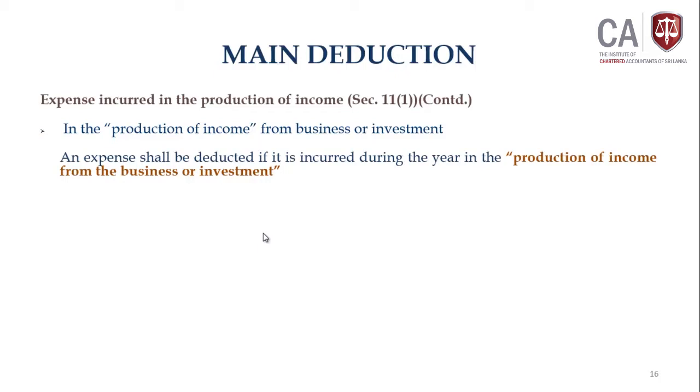So, what do you mean by incurred in the production of income? The same wording that we had in the previous act. It is very broad. There are so many case laws to be discussed, they are in the syllabus.